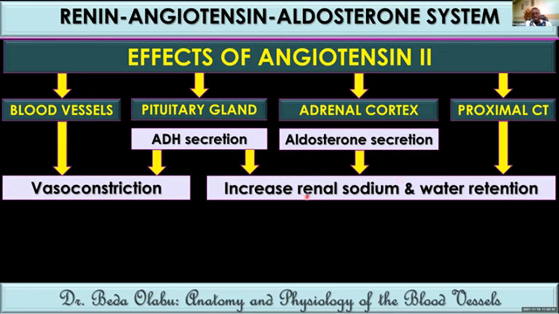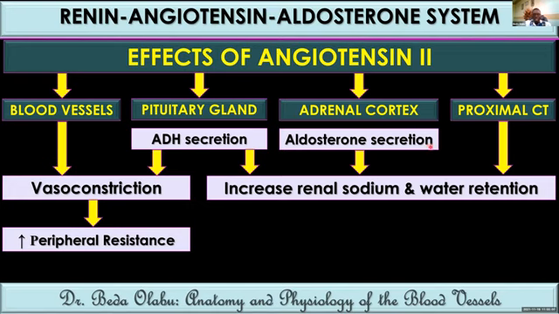And if you take more water, it means that you are increasing blood volume, basically. Another thing, angiotensin II may also increase sympathetic discharge. It may have a role in increasing sympathetic stimulation. If you increase sympathetic stimulation, you're going to increase vasoconstriction. Of course, it'll also affect the cardiac output.